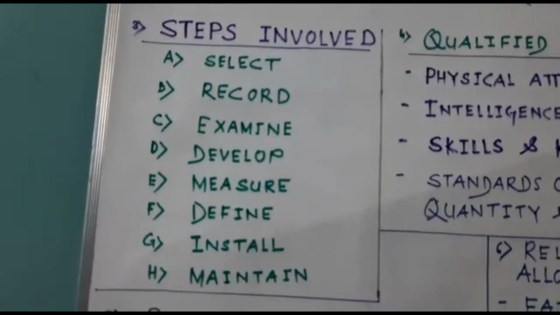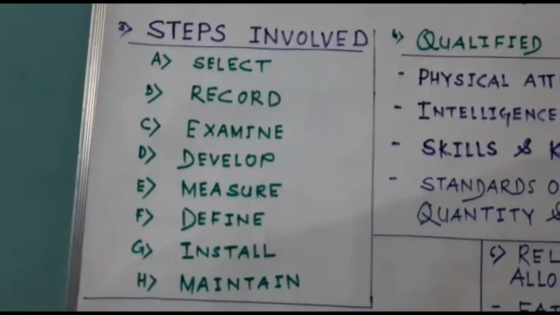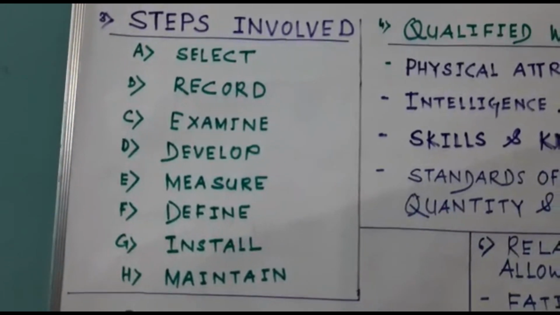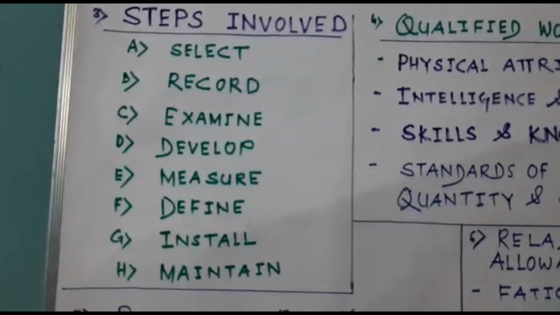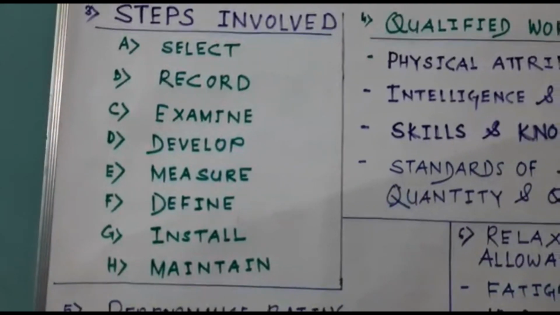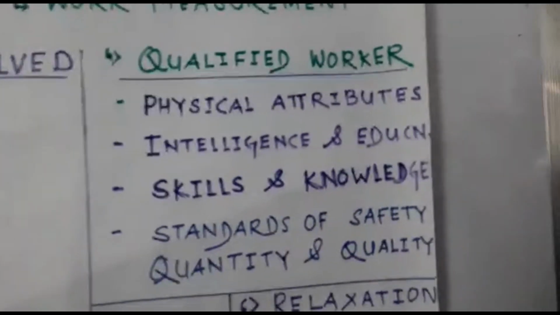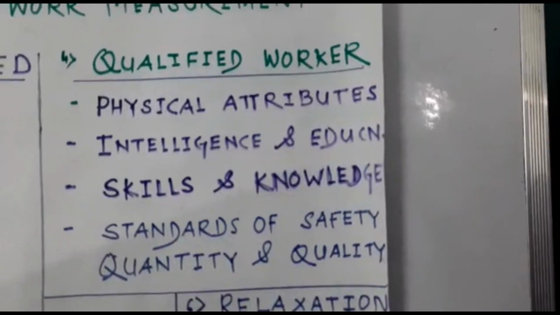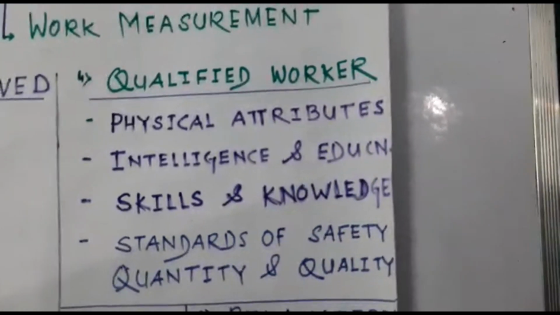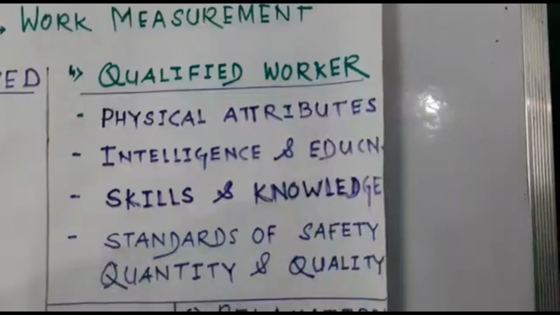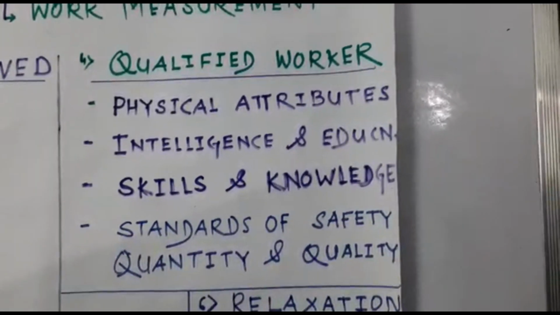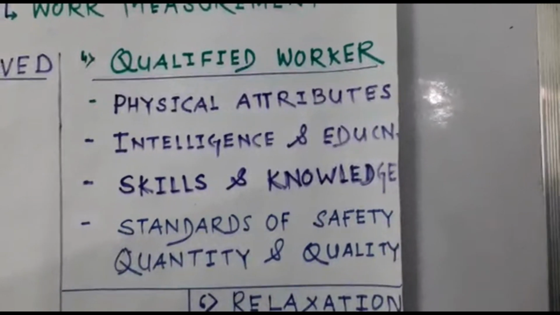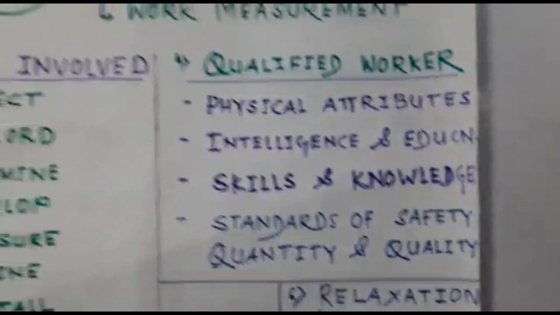Measure means measuring the content of work, the quantity of work, and determining how much time a qualified worker will take to do it. Then we defined the term qualified worker. He should have physical attributes, intelligence, education, necessary skills and knowledge to carry out the job so that he can perform at a standard of safety, quantity and quality.